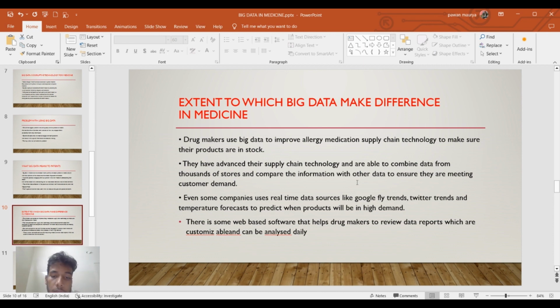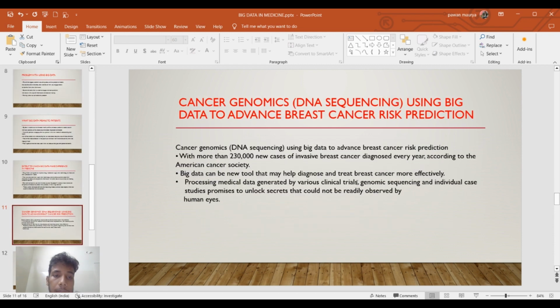Some companies even use real-time data sources like Google Flu Trends, Twitter trends, and temperature forecasts to predict when products will be in high demand. There is some web-based software that helps drug makers review customized data reports, which are available and can be analyzed daily.